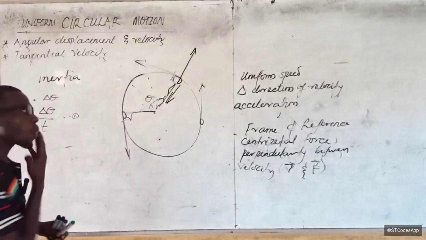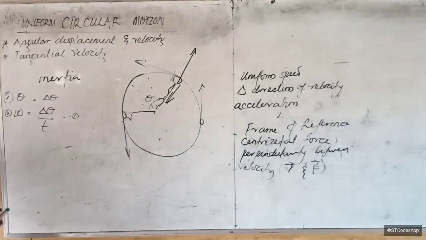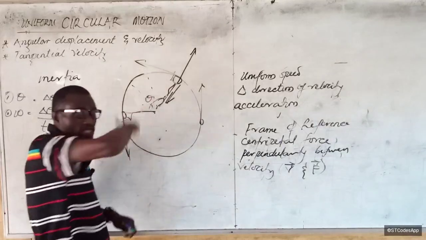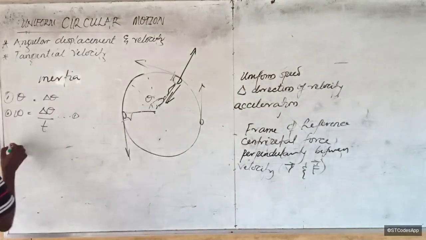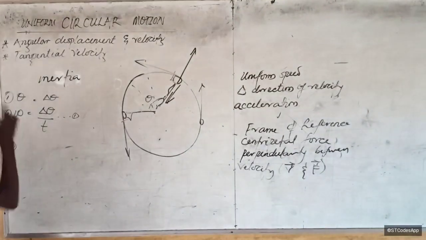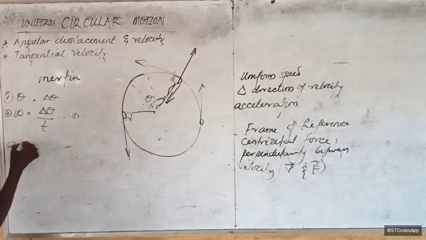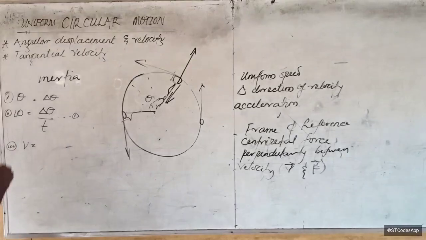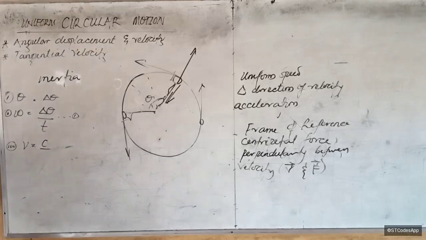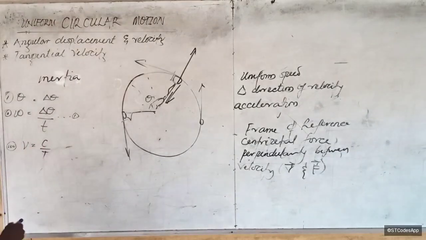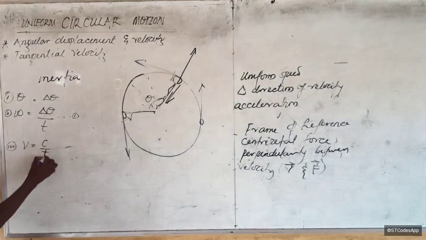As it moves round the circle, it has moved the circumference of the circle over the time taken to move in that circumference.